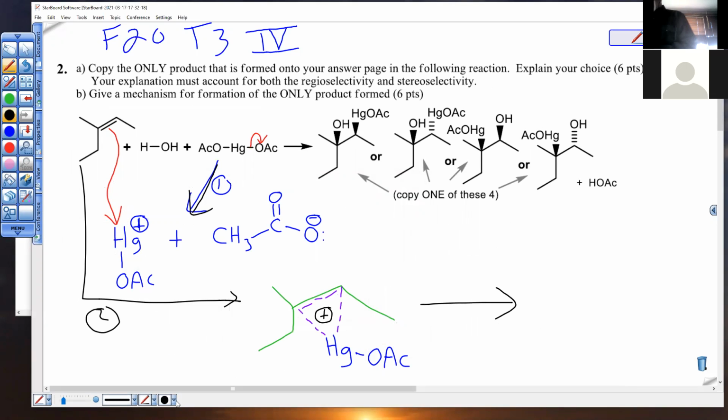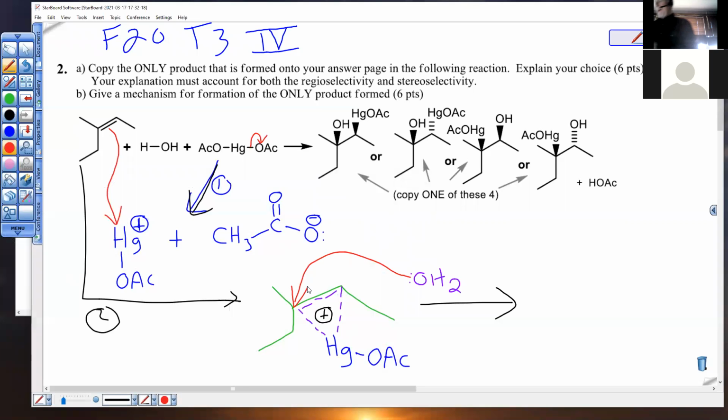The water, which is present in very large amounts, it's the solvent, does a backside attack on the carbon that spends more time with the plus charge. That's just a fancy way of saying the carbon with more hyperconjugation. And we're going to be using that in our explanation.